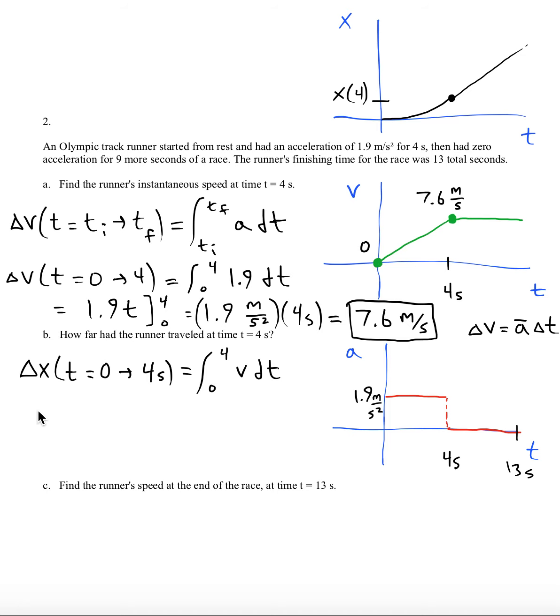All right, so the formula that we get will be the integral of 1.9 t dt. We want to find the antiderivative. Okay, now we just want to plug in the 4.